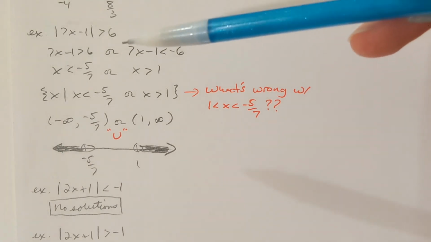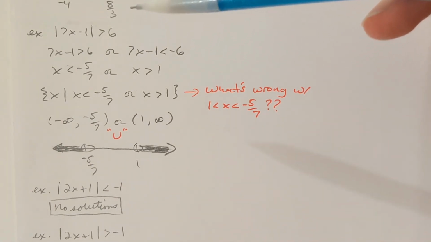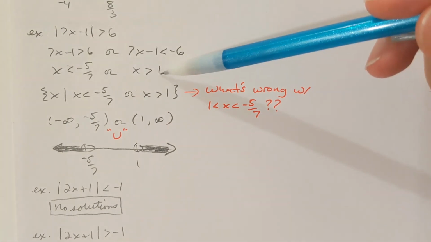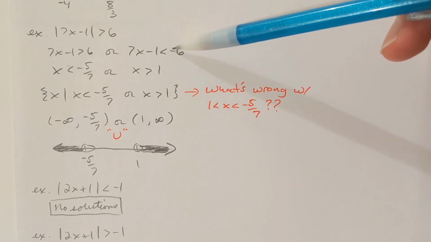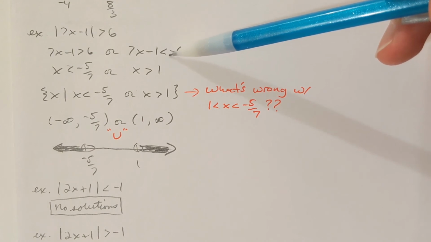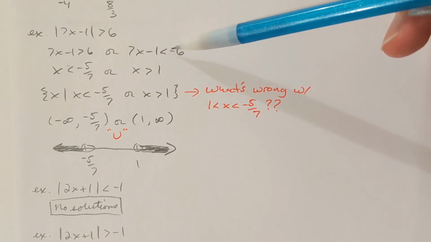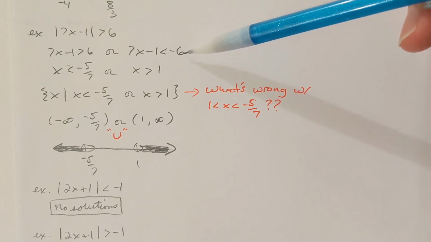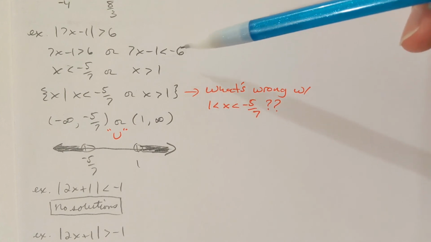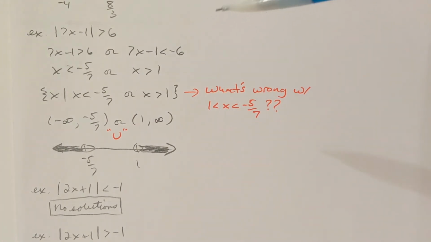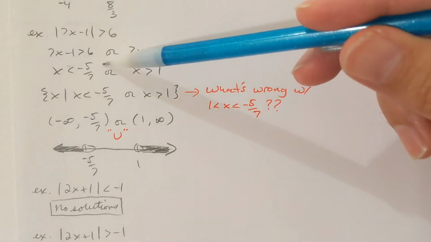Okay, if I add 1, 7x is greater than 7, means that x is greater than 1, or 7x is less than negative 5. And so divide by 7, x is less than negative 5/7, which is right there.